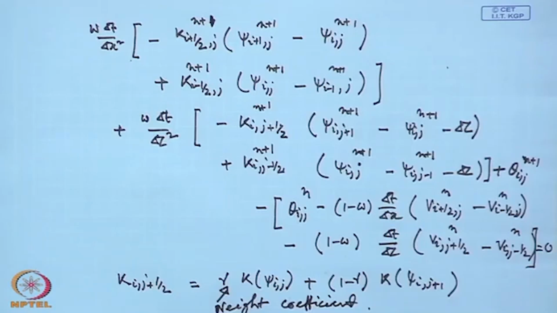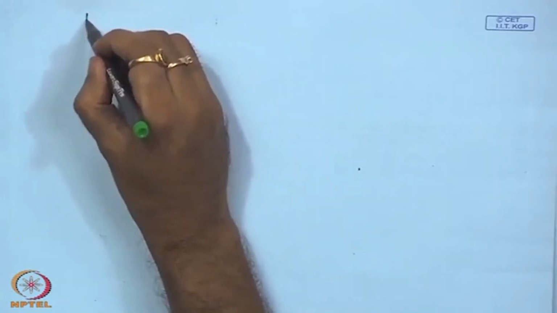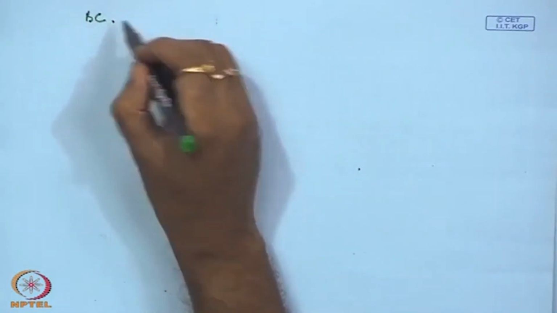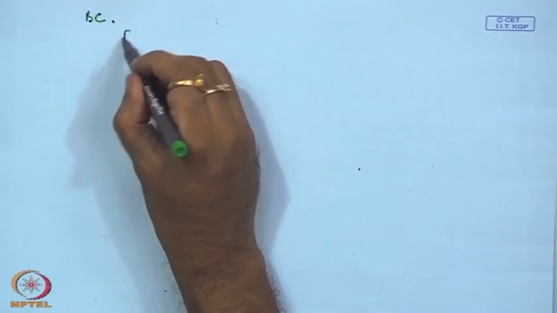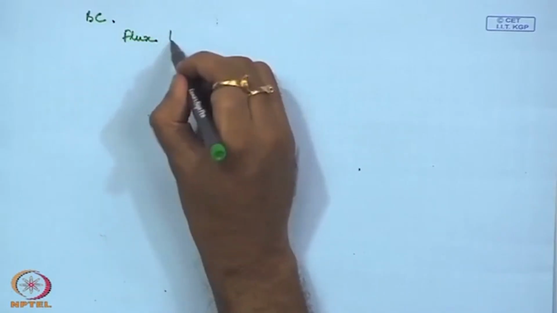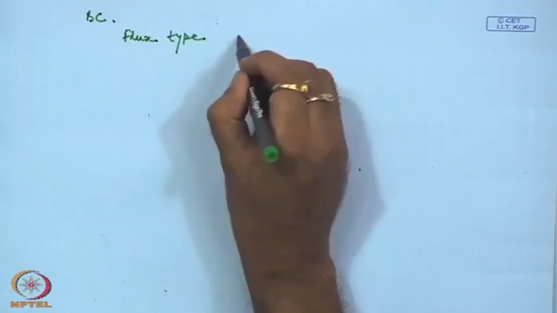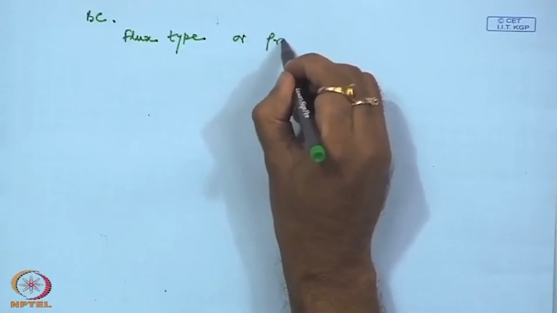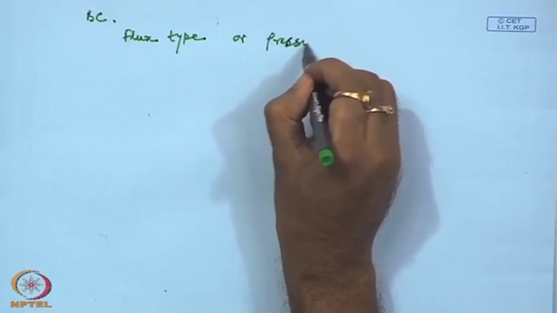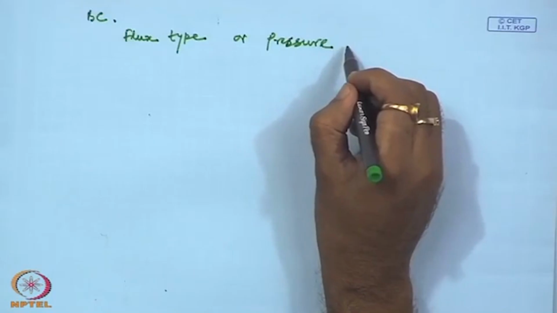So, now we can have boundary conditions. So, we can have flux type or pressure head type boundary condition.